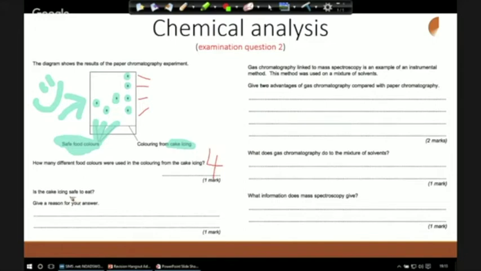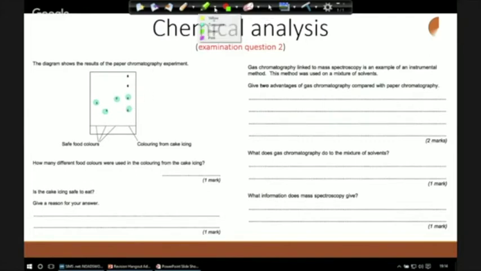However, is it safe to eat? Well, we know this, this, and this are safe. And we find them here. However, we also find that these 2 are not in the safe group.